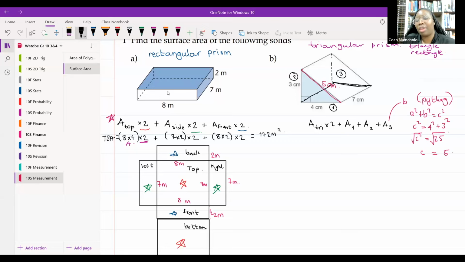Okay, so let's start with the area of our triangle. Remember, the area of a triangle is half base times height. So I'm going to go half of my base, which is 4, times the height, which is 3. But there are 2 triangles, so times 2.